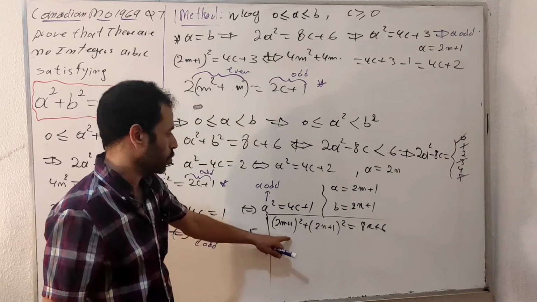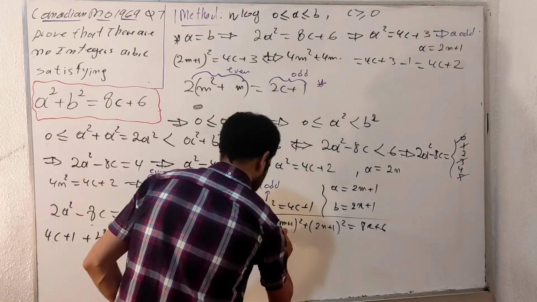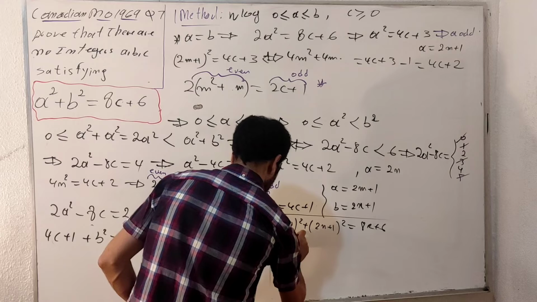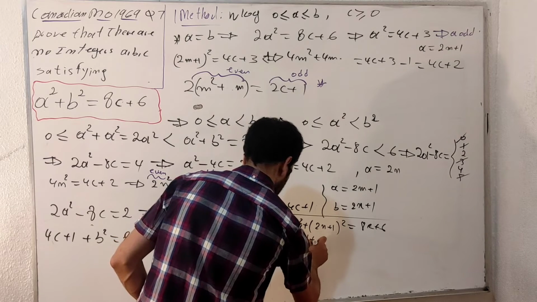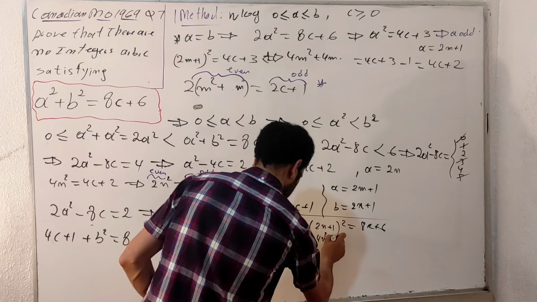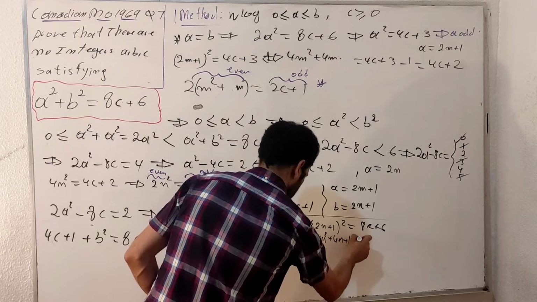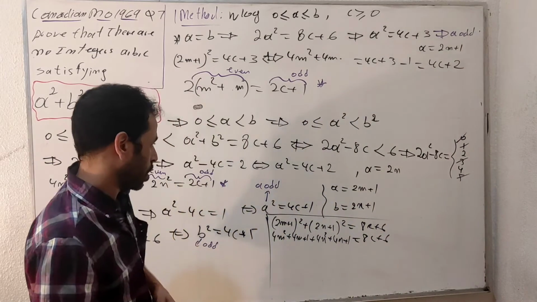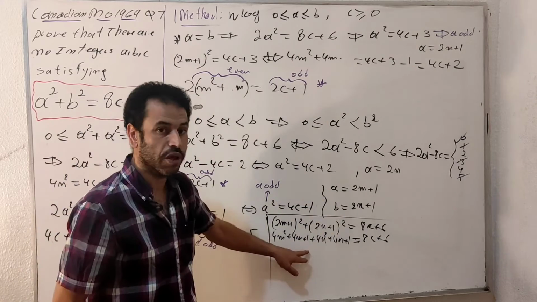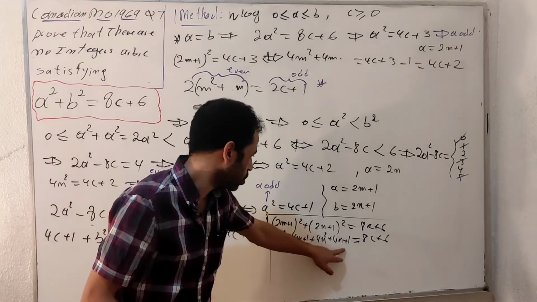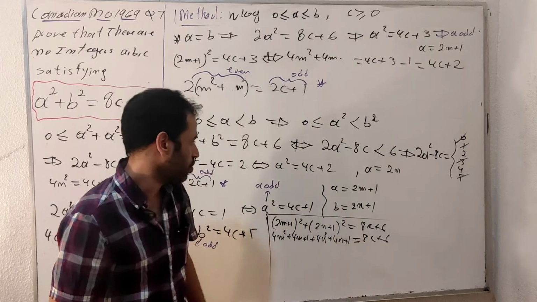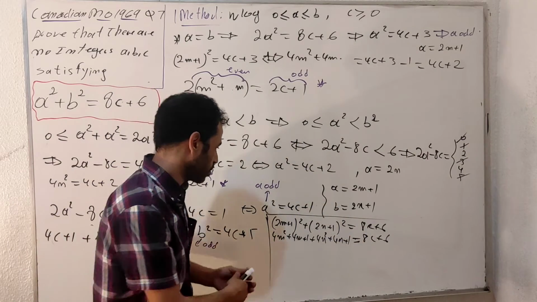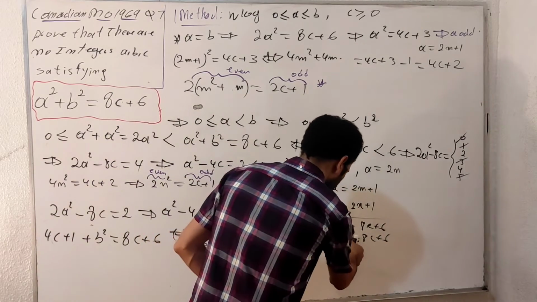Then I'm going to distribute this expression. I will have 4m squared plus 4m plus number 1 plus 4n squared plus 4n plus number 1 equals 8c plus number 6, okay? So we'll have a lot of cancellation here. On the left hand side of this equation I have 1 plus 1, which is 2. On the right hand side of the equation I have 6, which means I'm going to cancel out this 1 and 1.